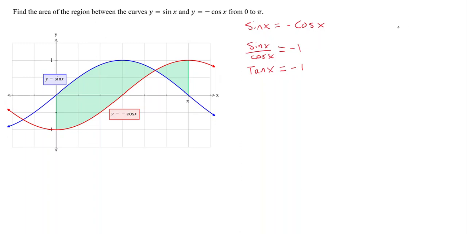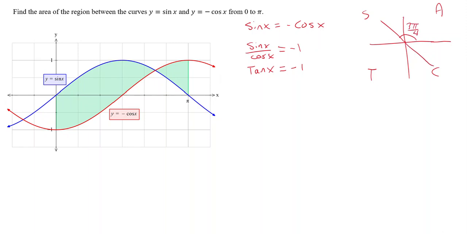Well, if we think about our unit circle, where that would be true would be over here in quadrant 2, right? That's where tan is negative. Just thinking of it like your CAST rule. And that angle would be at 3 pi over 4.